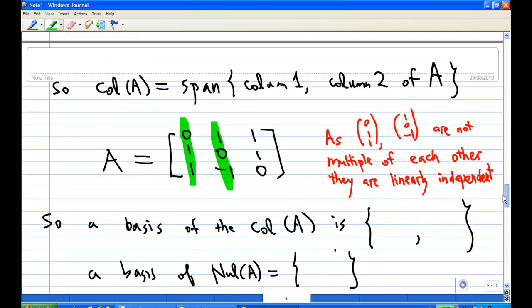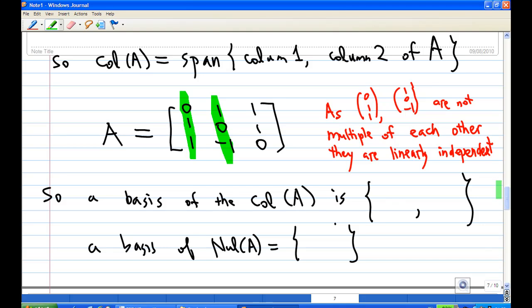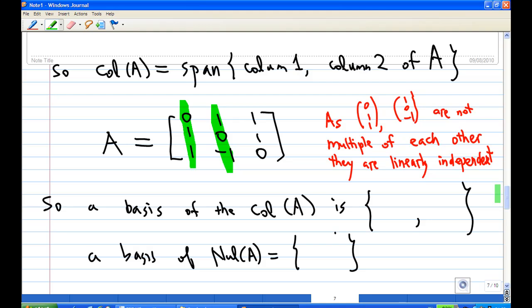Therefore, you can conclude that the column space of A is spanned by column 1 and column 2 of A. As the vectors 0, 1, 1 and 1, 0, minus 1 are not multiples of each other, they are linearly independent. So the basis for the column space of A in this case is 0, 1, 1 and 1, 0, minus 1. Whereas the null space of A consists of multiples of 1, 1, minus 1, so the basis for the null space of A is 1, 1, minus 1.